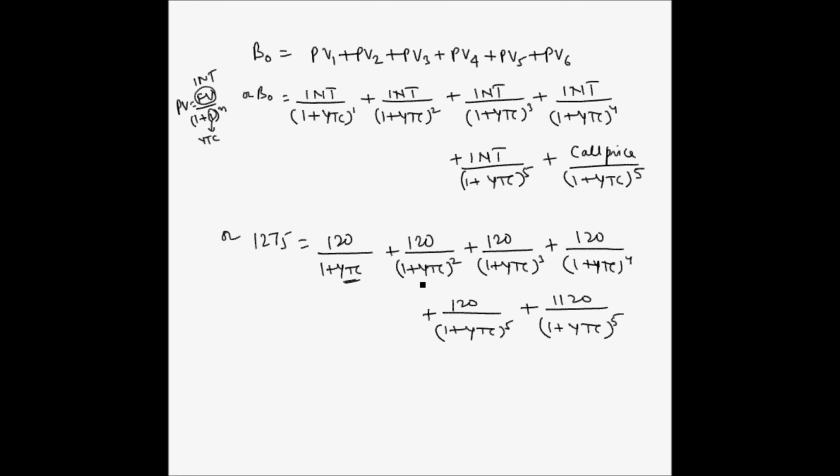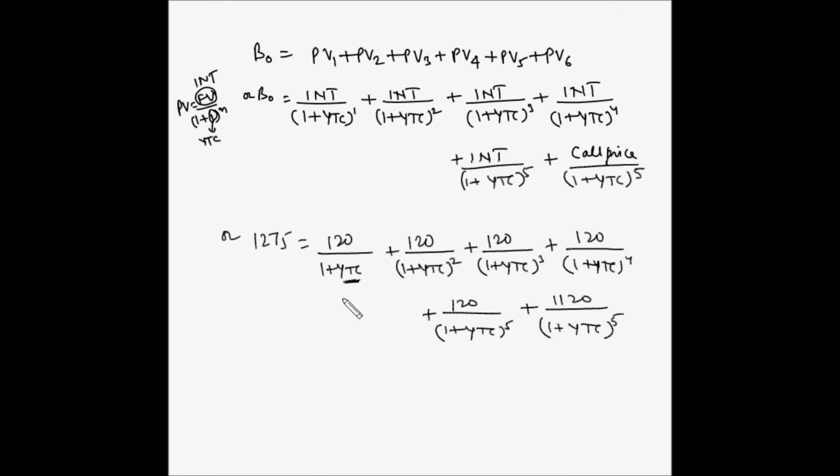If the right hand side is greater than the left hand side, then we have to reduce the value of the right hand side, and so we will have to increase the value of the denominator, that is the yield to call. But in case the right hand side is lesser than the left hand side, then we'll have to increase the value of the right hand side, and hence we need to decrease the value of yield to call.